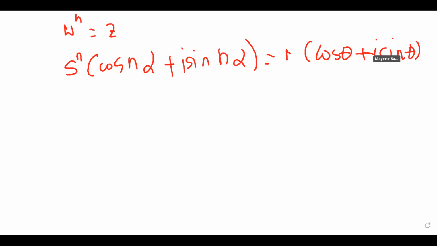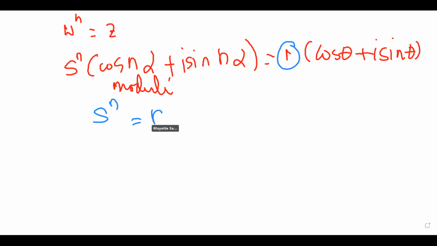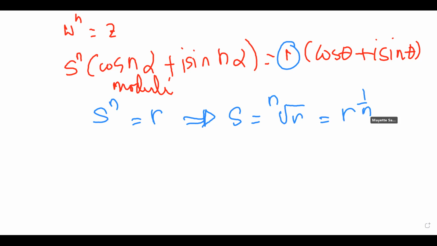However, we know that two complex numbers are equal if their moduli are equal, and also their angles, or their arguments, are equal. So therefore, we can say that s^n = r, or s is equal to the nth root of r, or r^(1/n).